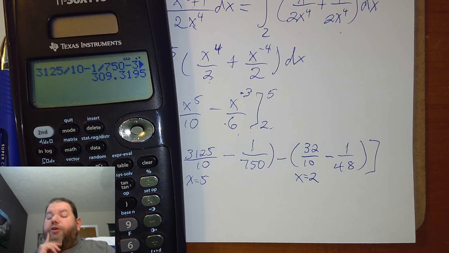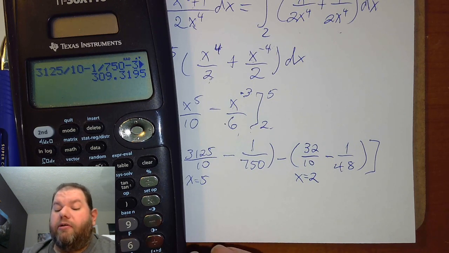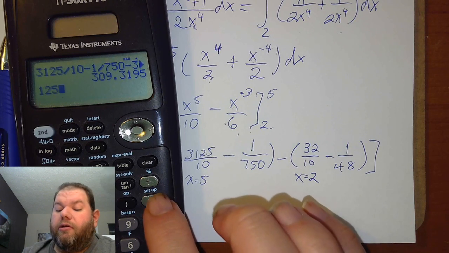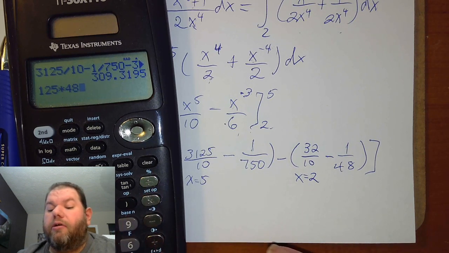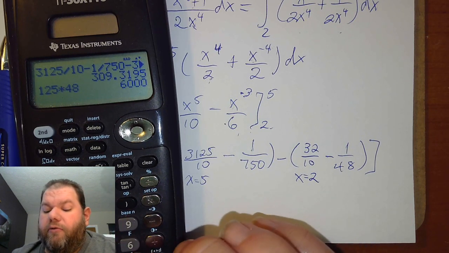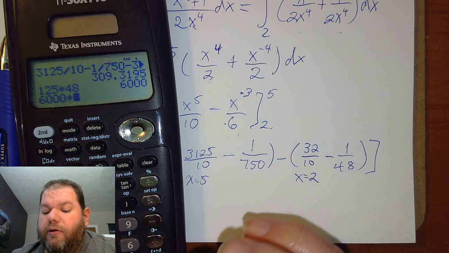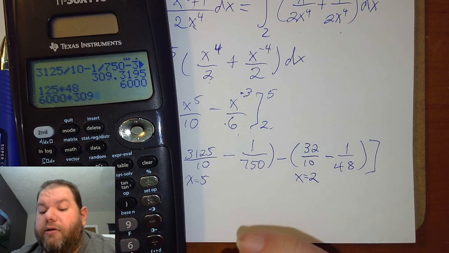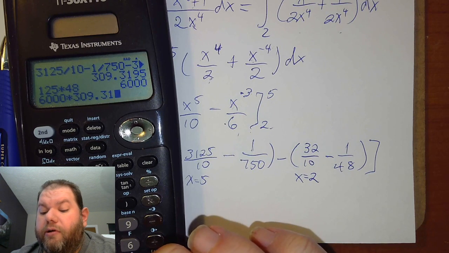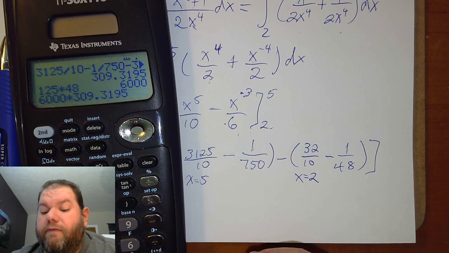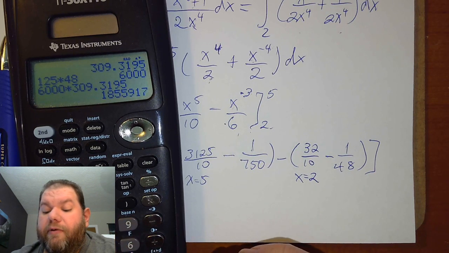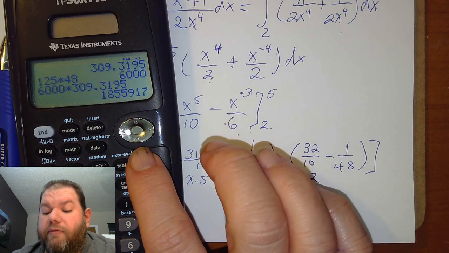So it would be 125 times 48. So we would want 6,000 times 309.3195. I bet that reduces though. There's no way that it doesn't reduce.